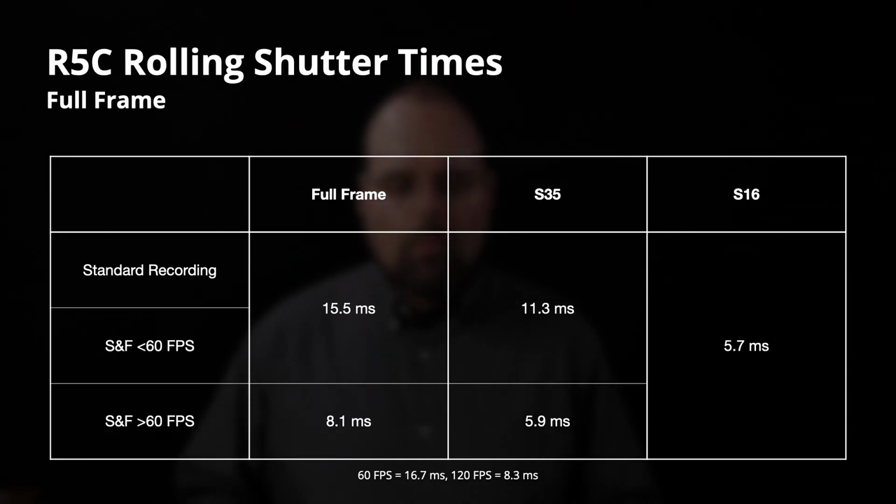As well, when you switch past 60 frames a second, the rolling shutter time drops to 8.1 milliseconds. So when I tested at 120 frames per second, I got 8.1 milliseconds. Now, interestingly, these rolling shutter times are actually somewhat slower than what the R5 uses. So the R5 in full frame shooting at 8K or 4K high quality has a rolling shutter time of about 15.1 or 15.2 milliseconds.